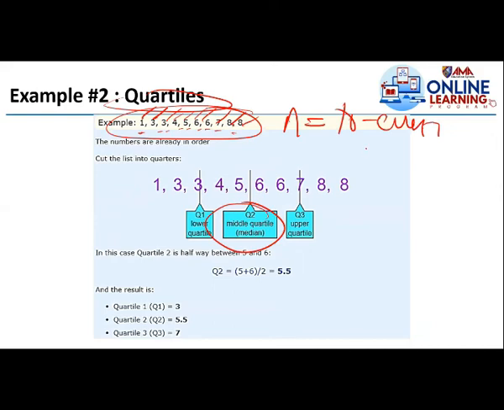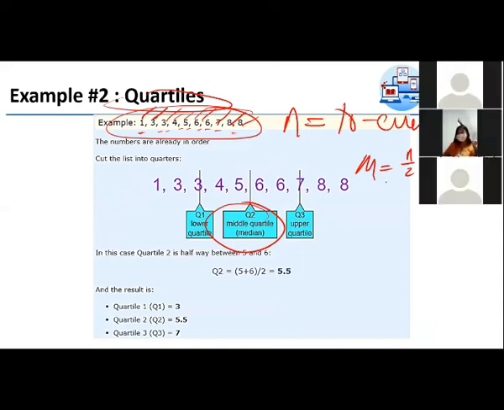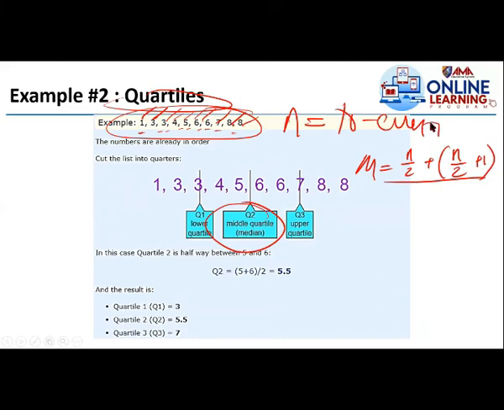So, the formula for even na median is n over 2 plus n over 2 plus 1, all over 2. So, ang n natin is 10 divided by 2 plus 10 divided by 2 plus 1, all over 2.